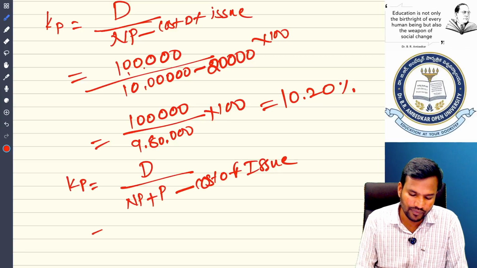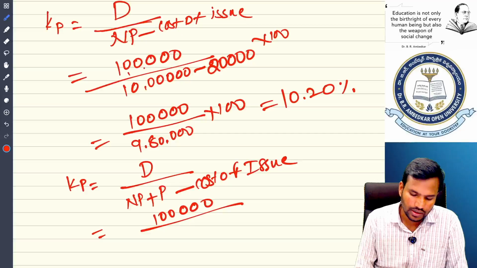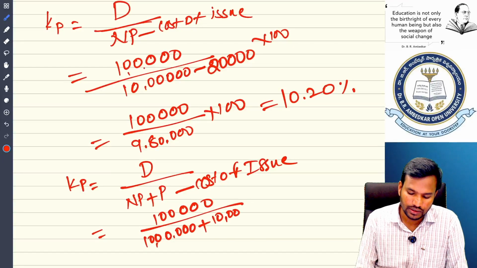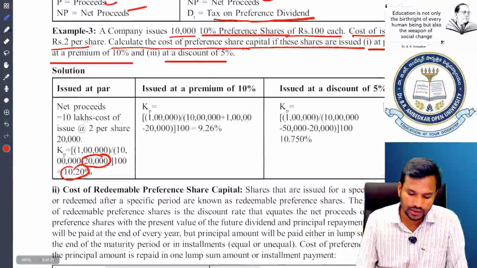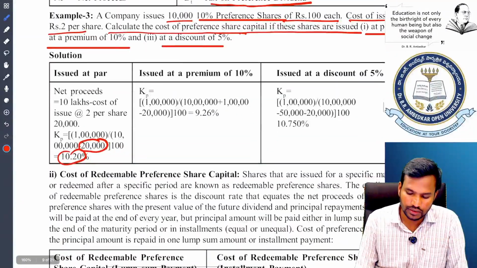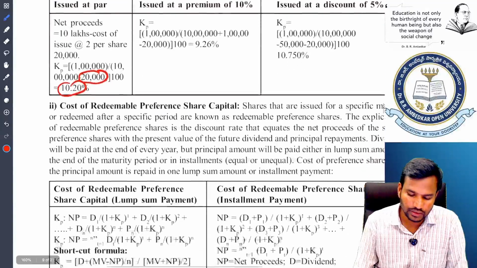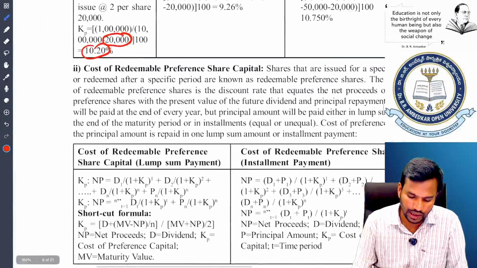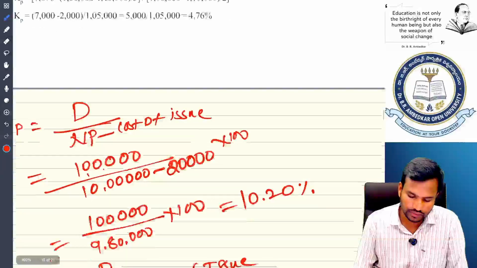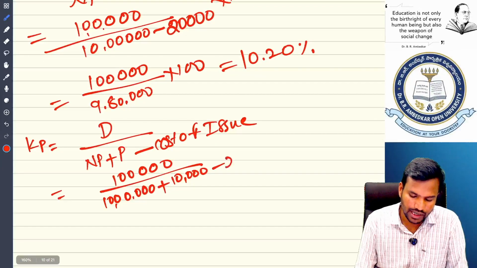Same problem: 1 lakh divided by 10 lakhs plus premium 10%, means 1,00,000, minus 20,000.